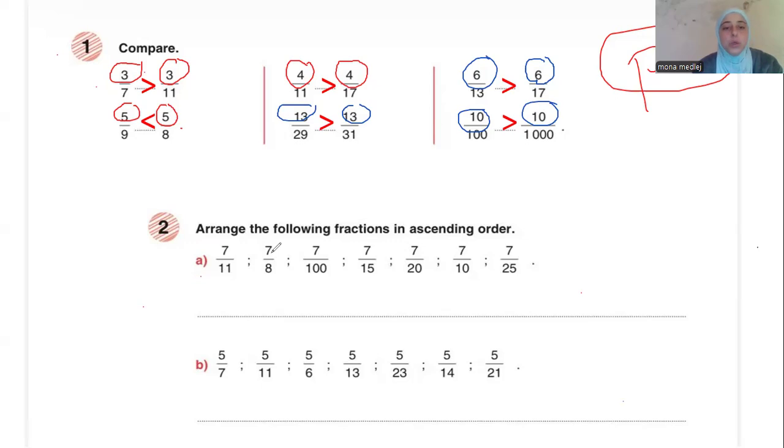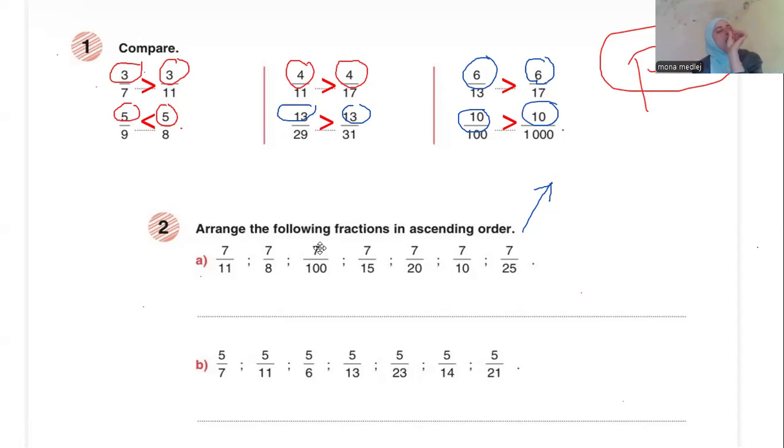Now number 2, arrange the following fractions in ascending order. Ascending order means from less to bigger. In this lesson, you should pay attention. From these fractions, which is the smaller fraction?